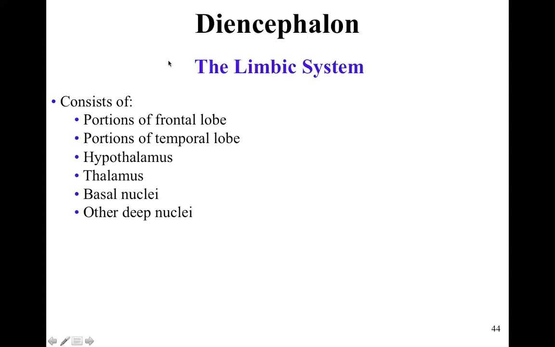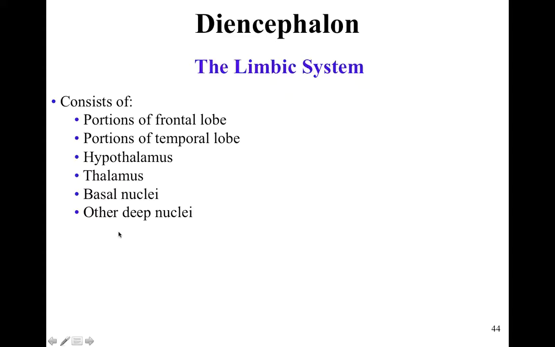Okay. Other parts, well, I shouldn't just say diencephalon, but the limbic system. I'm going to say this based on what the book has, but with the understanding that not everyone agrees on all parts of this, and physiologists don't agree on every single thing that should be identified within the limbic system.